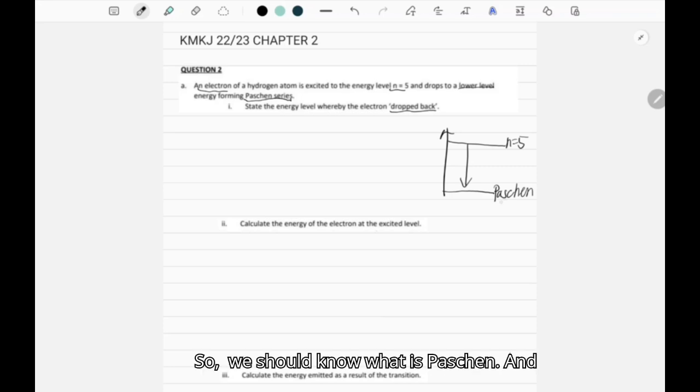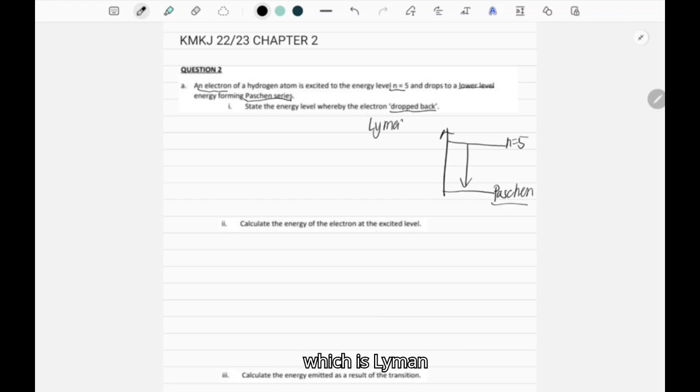So we should know what Paschen is. There are 5 hydrogen spectrum series, which are Lyman, Balmer, Paschen, Brackett, and Pfund. They are numbered respectively 1, 2, 3, 4, 5.